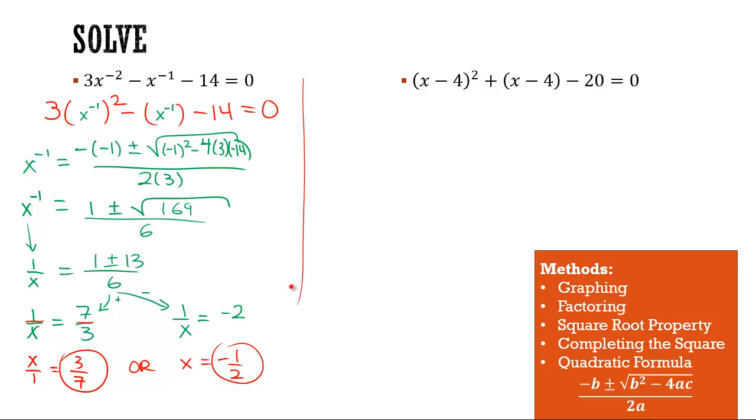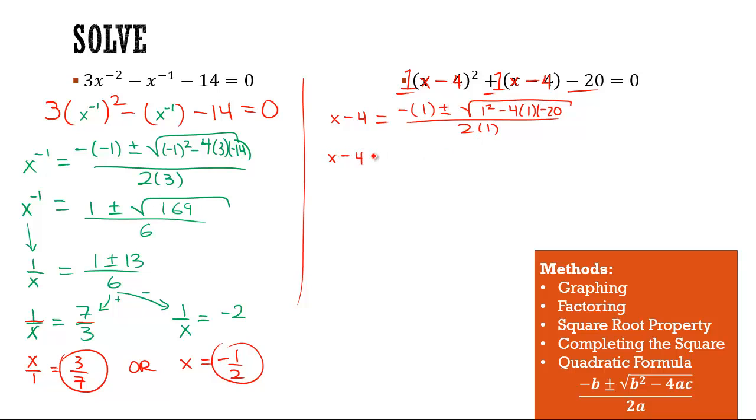Let's look at one more here with a reducible to quadratic. You can already see the inside as being x minus 4. So when we're solving, we have coefficients of 1, 1, and negative 20. That's our a, b, and c. So our x minus 4 is equal to negative b plus or minus the square root of b squared minus 4ac over 2a.